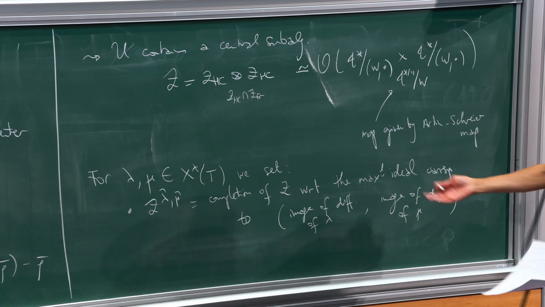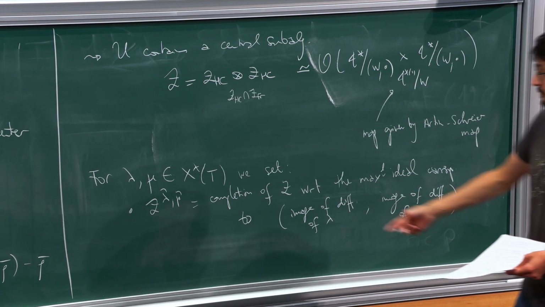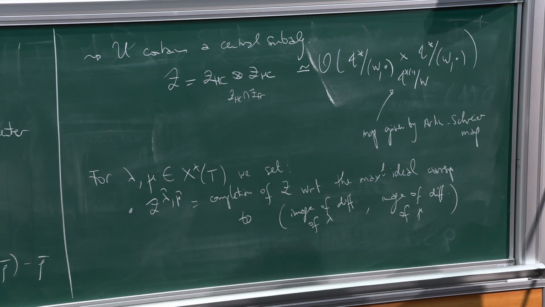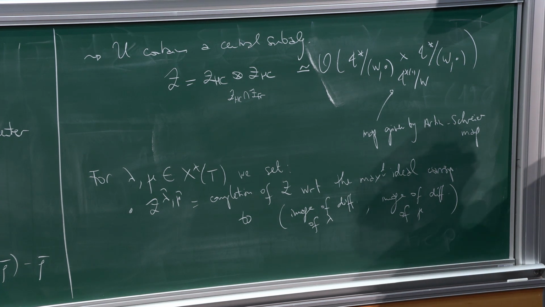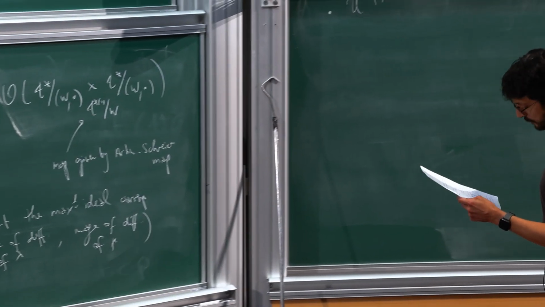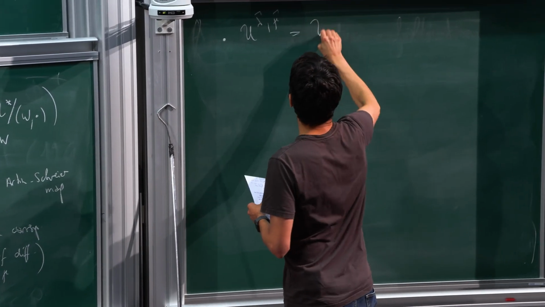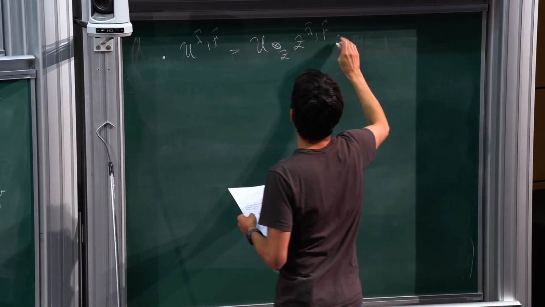And more specifically, I want to work with some generalized character, and so that's why I work with completions rather than quotients. And so this is Z lambda hat mu hat. And then I have the U lambda hat mu hat, which is the tensor product of U with this completion of the center.